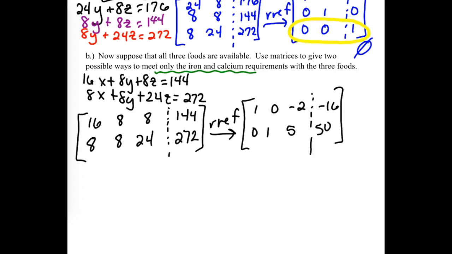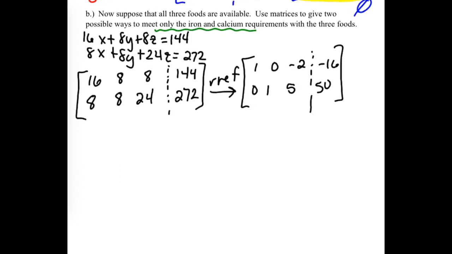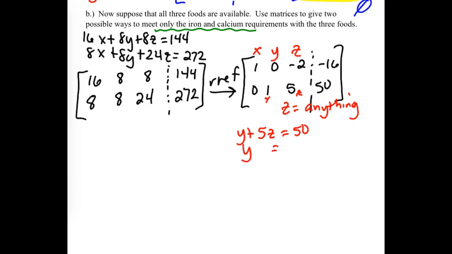So interpreting this, first column was x's, second y's, third z's, or food 1, 2, and 3. So this means that z can be anything since we don't have a third equation. My second equation says y plus 5z equals 50. So if I subtract my z's, I get negative 5z plus 50 for my y piece.